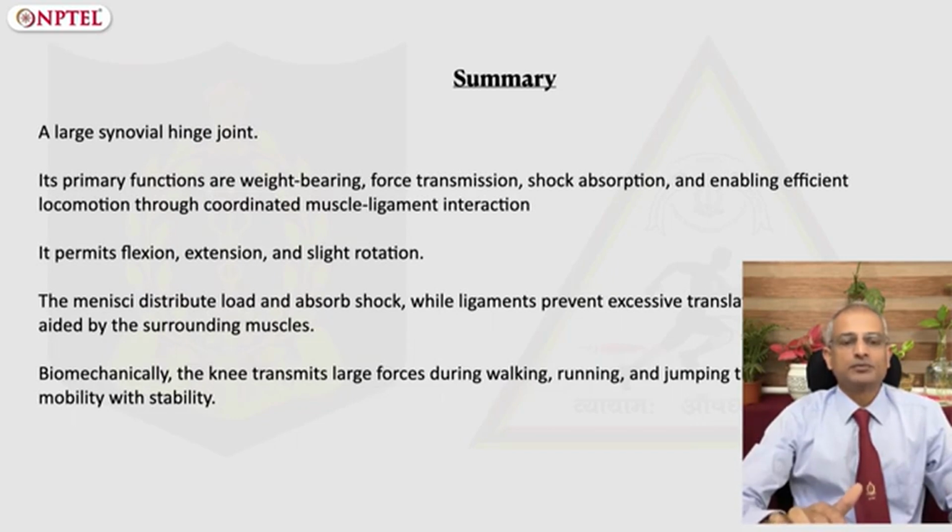The menisci distribute the load and absorb shock, while the ligaments prevent excessive translation and rotation, and these are aided by the surrounding muscles. Biomechanically, the knee transmits large amounts of force during walking, running, and jumping, and thus it balances mobility with stability.